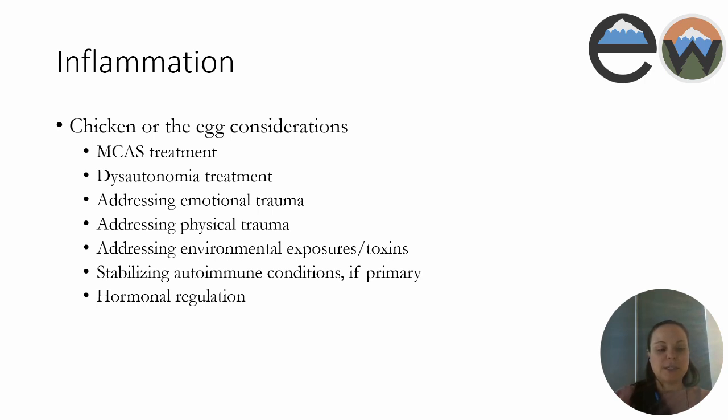So if your system is constantly in fight or flight, it can continue that feedback loop, that self-perpetuating loop of neurological inflammation. So this is not something to not work on because it is tough for a lot of people. This is something to explore as an option. It's not everybody's component, but it can be a strong component in many cases.